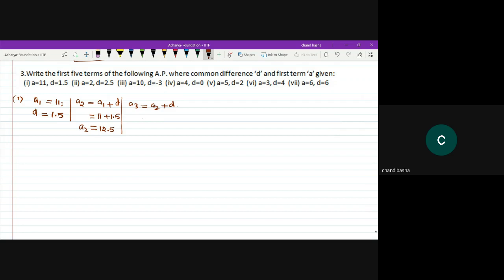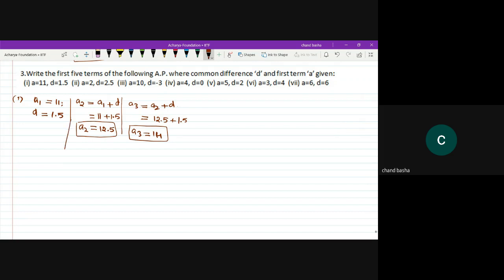What is A2 value, guys? 12.5 plus D. What is D? 1.5. That A3 value is 14. We can also do 2D, right? Even you can write 2D also.